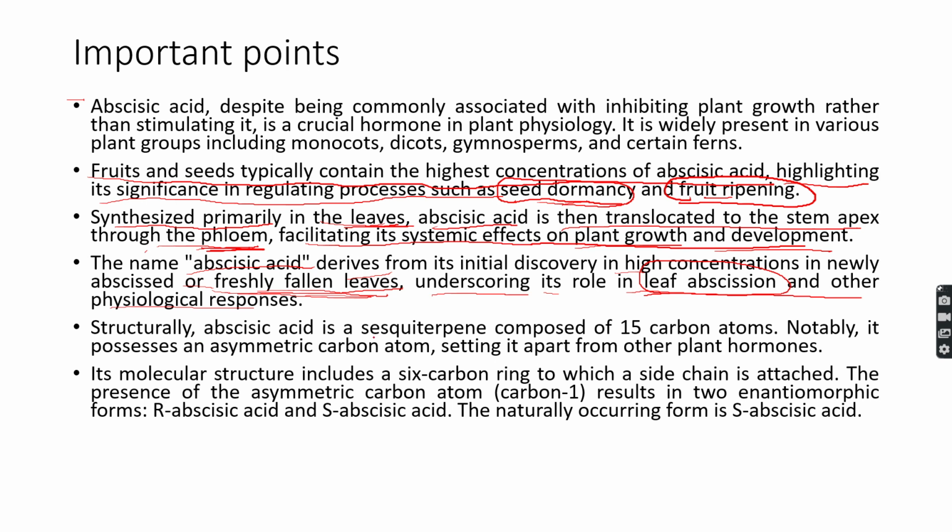Structurally, abscisic acid is a sesquiterpene. If we understand terpenes, they can be hemiterpene, monoterpene, sesquiterpene, or diterpene. Hemiterpene has 5 carbons, monoterpene has 10 carbons, sesquiterpene has 15 carbons, and diterpene has 20 carbons.